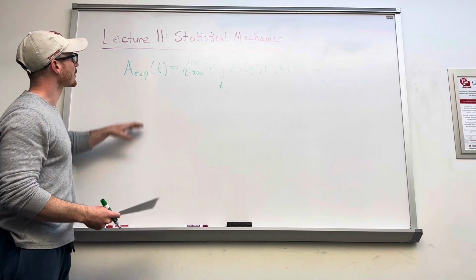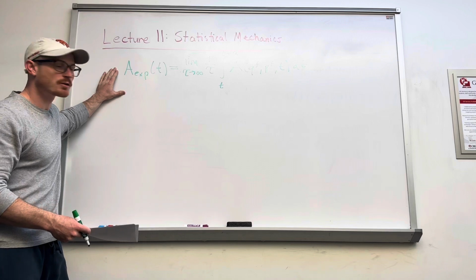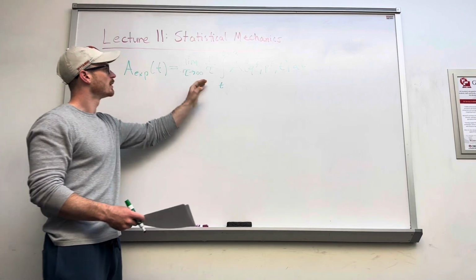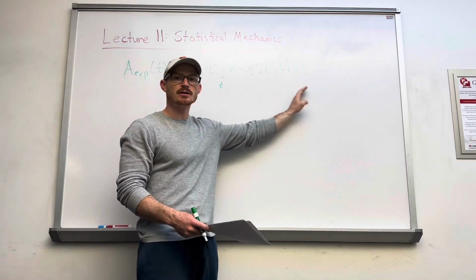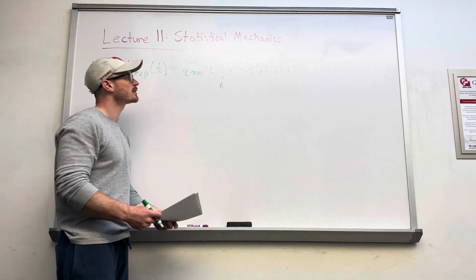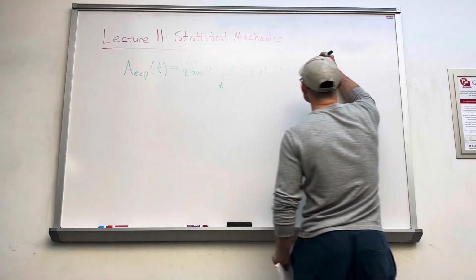So to summarize, we are just looking at A for a long time, right? Adding up all of the values of it and dividing by the total time we measure. This is an average.